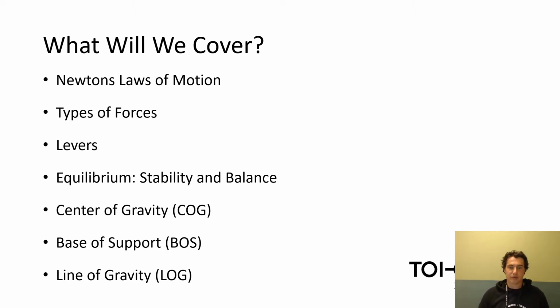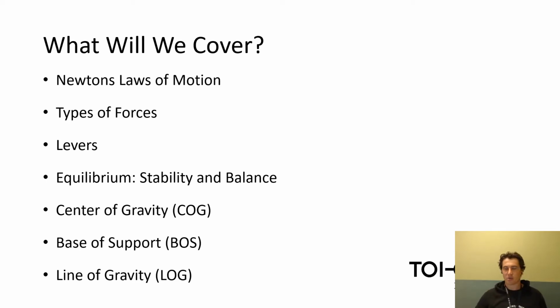We touched on what a force was last time, and I guess the key thing with a force is that forces are what causes position change in masses. So a mass could be yourself or a segment or like an implement that you are throwing.